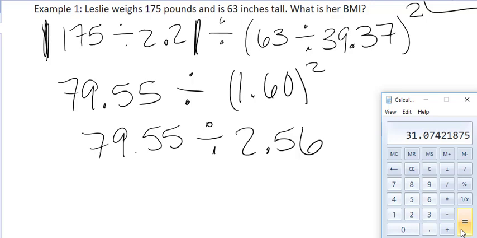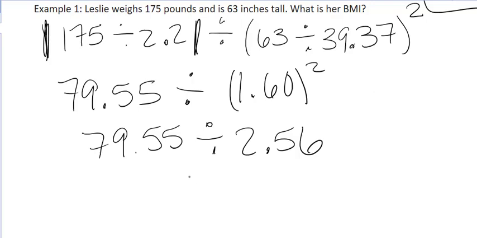Now because it's BMI, we can round to the nearest whole number in the ones place. So we look at the 0 to the right of it to see if we round up or down. Because it's 0, we can just leave it as 31. So our answer is 31 for her BMI.